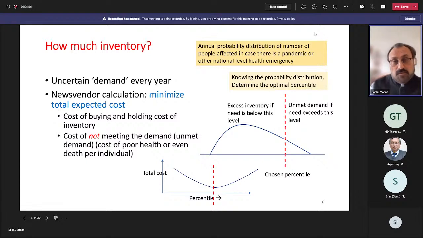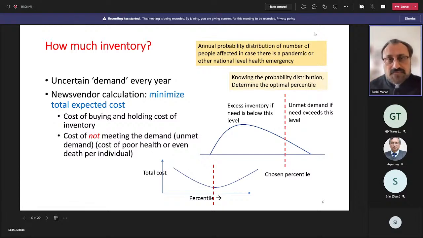Given that we don't know what the demand will be next year, meaning the need stemming from a public health emergency next year, we have to figure out what percentile or service level we are going to choose, whether 95%, 98%, and how do we calculate that? That calculation will come from minimizing the expected cost. On one hand, you need to buy inventory and store it. On the other hand, if you don't have enough, there will be people dying or otherwise affected, and there's a cost per person for that.